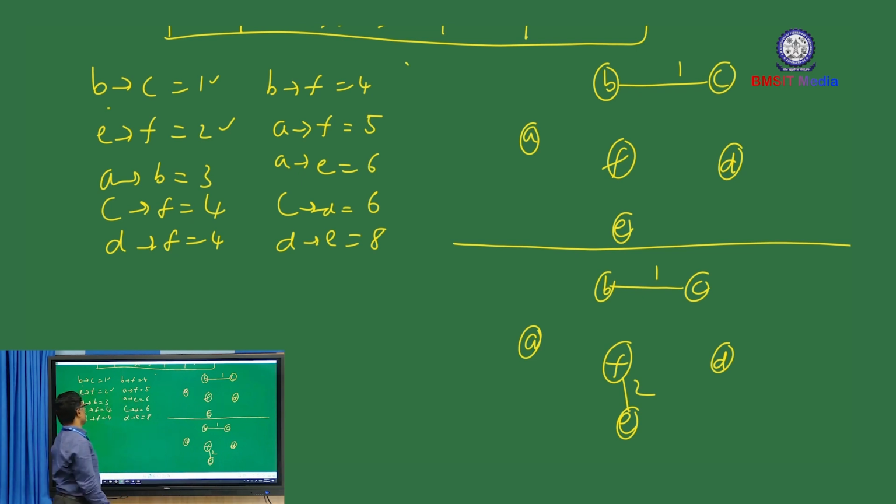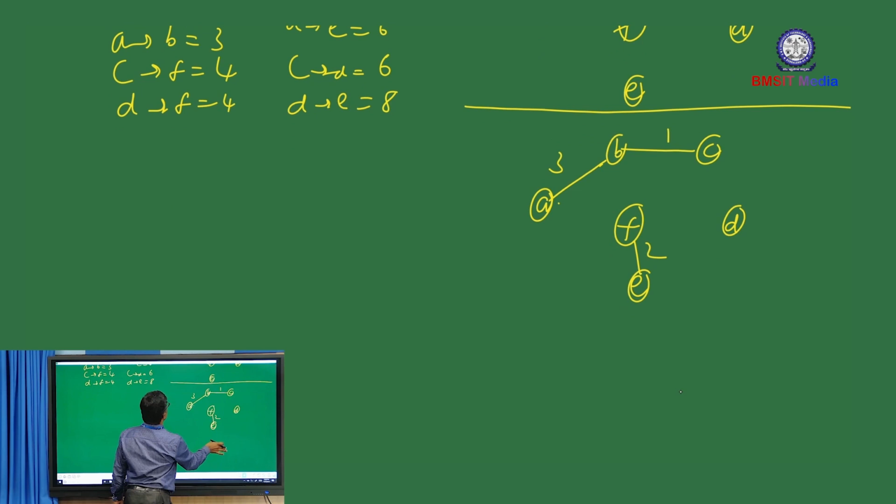Second step. Now what will happen? A to B. A to B is nothing but 3. Two steps I wrote here only, and the next step I will write next.